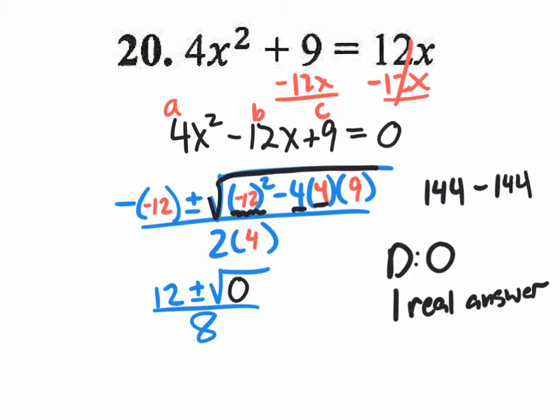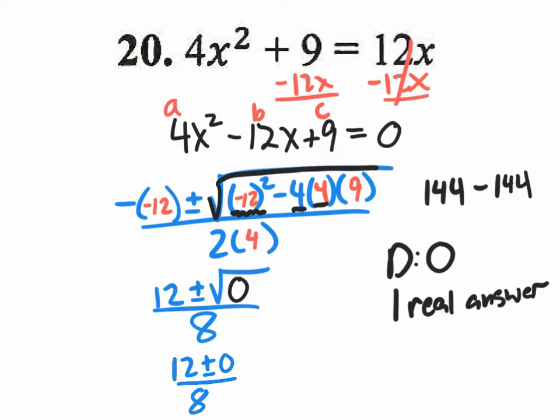Now, let me just take this a step further, just to really clarify what that one single answer is. Well, the square root of 0 is 0, right? And if you say 12 plus or minus 0 divided by 8, is that going to give you different answers, adding 0 and subtracting 0? No, it's going to give you the same answer, right? If you have a 12 plus or minus 6, yeah, 12 plus 6 is 18, 12 minus 6 is 6.